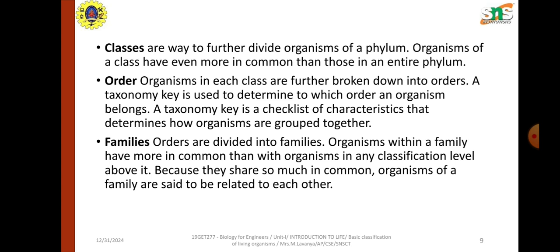Organisms within a family have more in common than organisms classified in the level above, which is the order, because they share so many common characteristics, and organisms of a family are said to be related to each other.